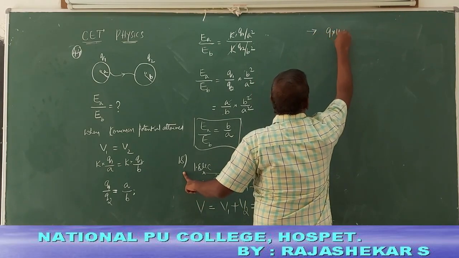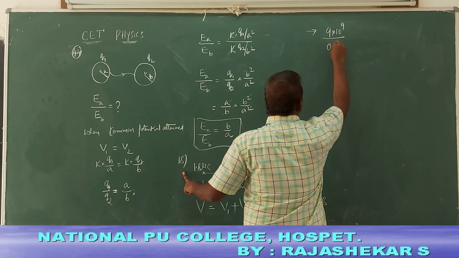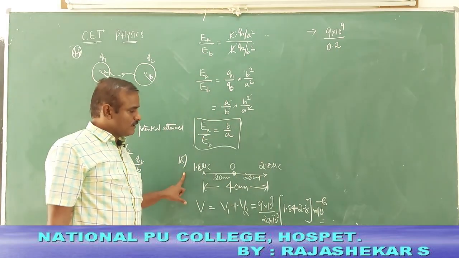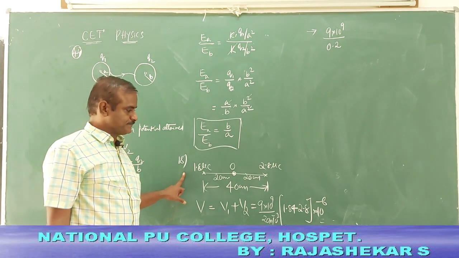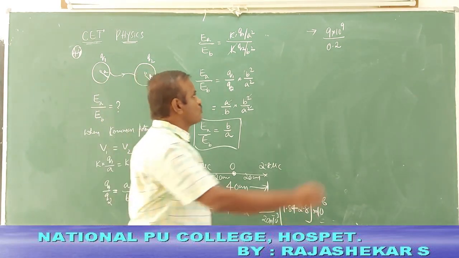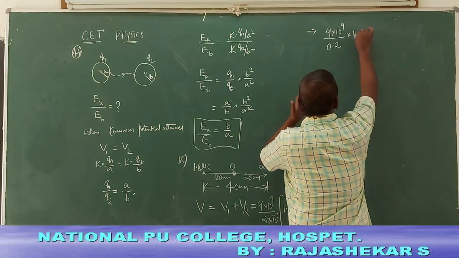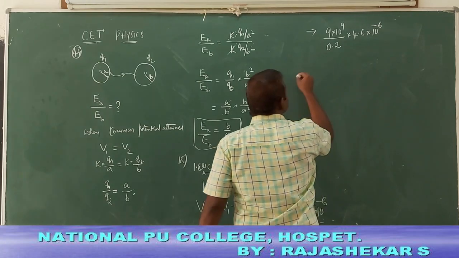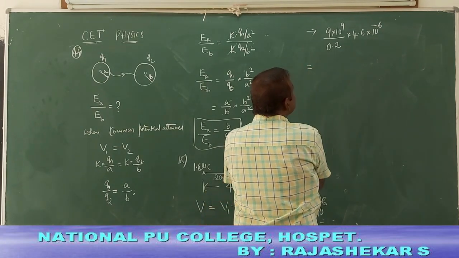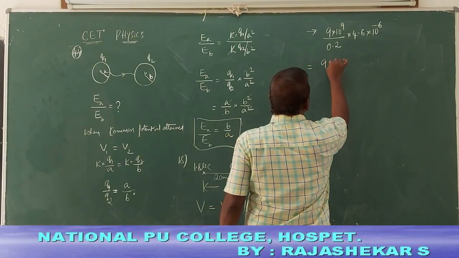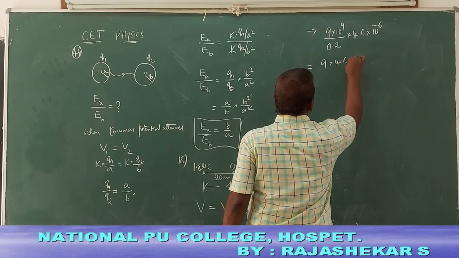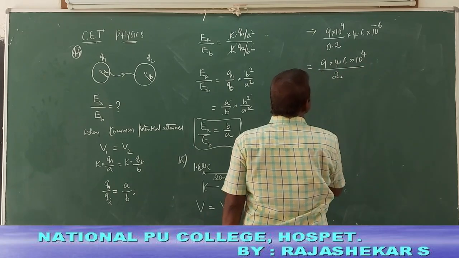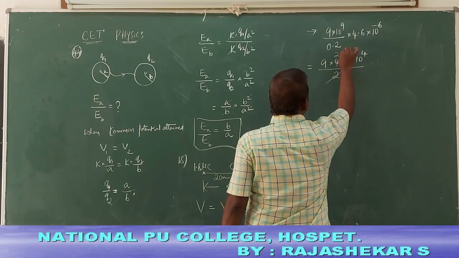So 9 into 10 to the power 9 divided by 0.2, 1.8 plus 2.8. This becomes 4.6, 10 to the power minus 6. This is the answer. This is 9 into 4.6 into 10 to the power 3, 10 to the power 4, 2.3 times.